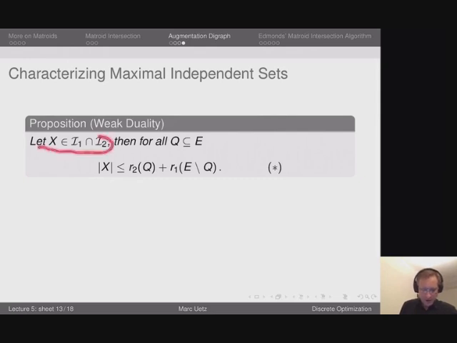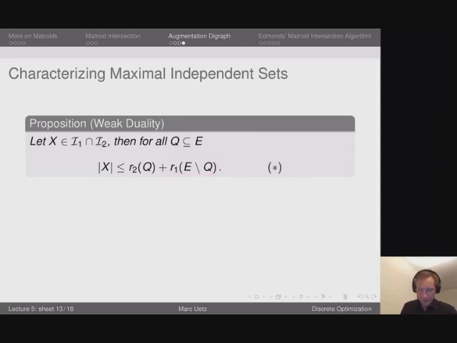If we have an independent set X in both matroids, then for all subsets of the elements Q, the size of this independent set X is upper bounded by the sum of two ranks, namely the rank of the subset Q with respect to the second matroid plus the rank of the subset E minus Q with respect to the first matroid.